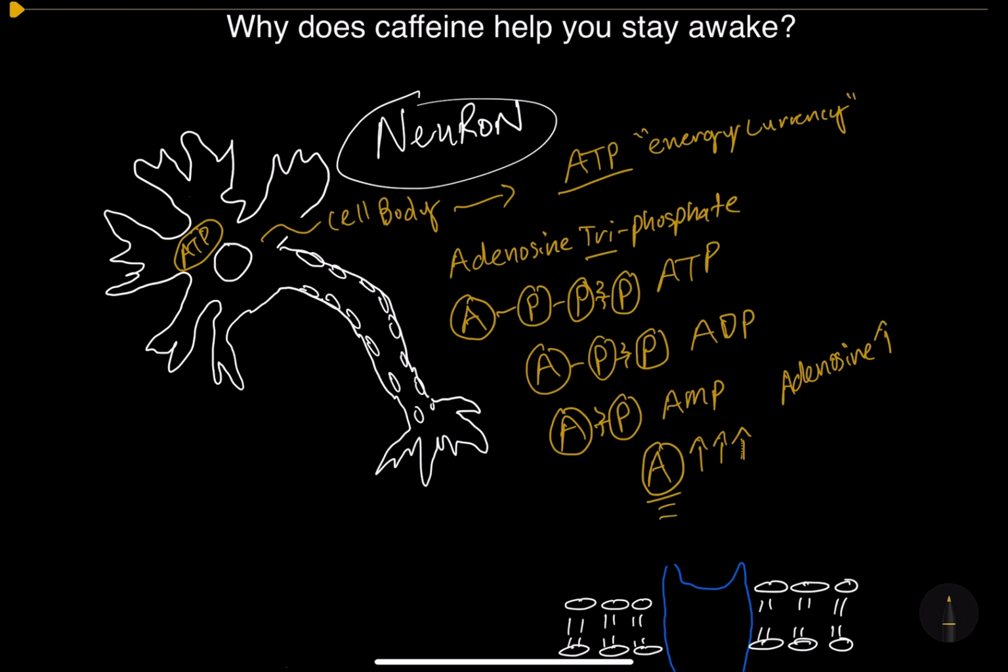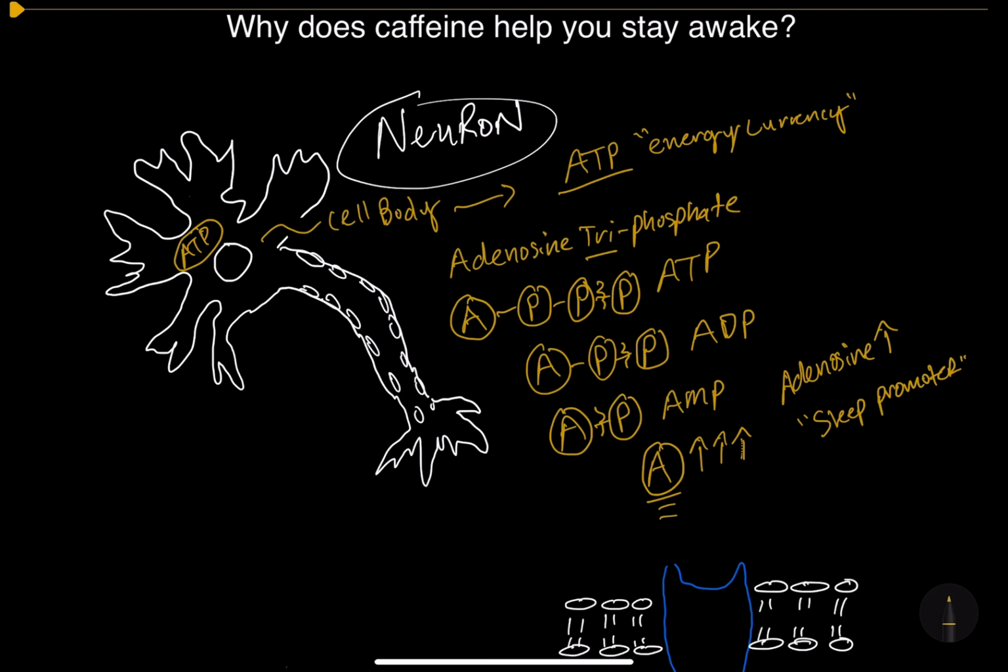So when adenosine rises, it is a sleep promoter. Okay. So ATP gets broken down, the phosphate bonds break off. At the end of that cascade, you're left with elevated adenosine, right?